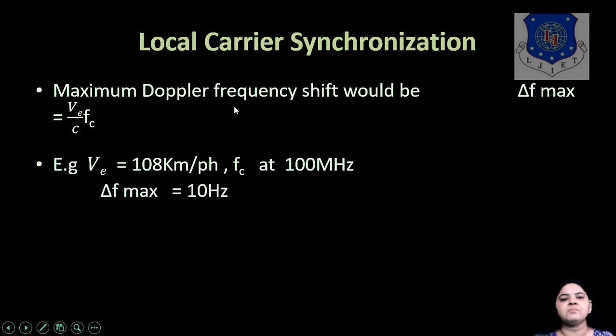The maximum Doppler shift delta f maximum is equal to v upon c into f_c. For example, with v equal to 108 km per hour and f_c at 100 megahertz, the answer for delta f maximum is 10 hertz.